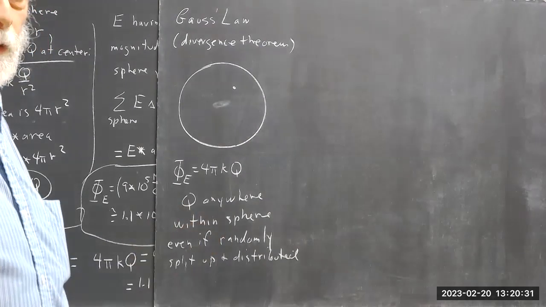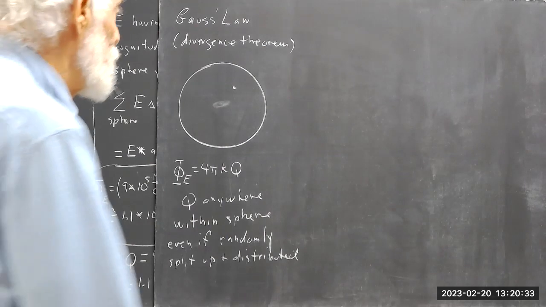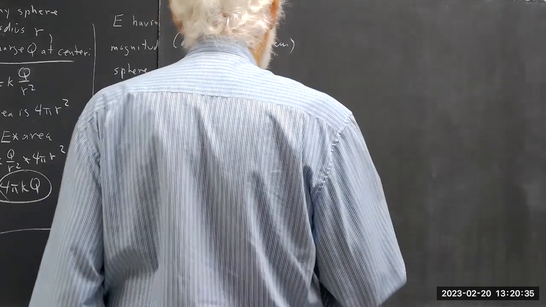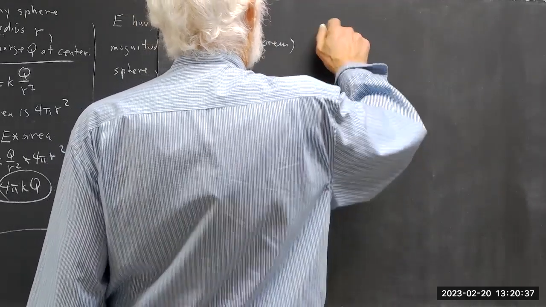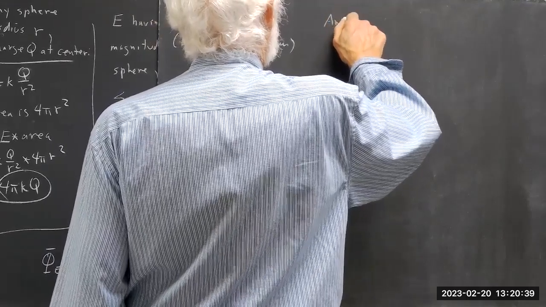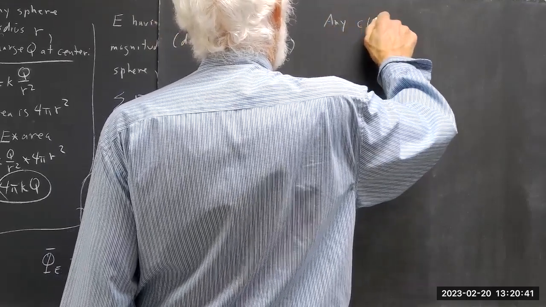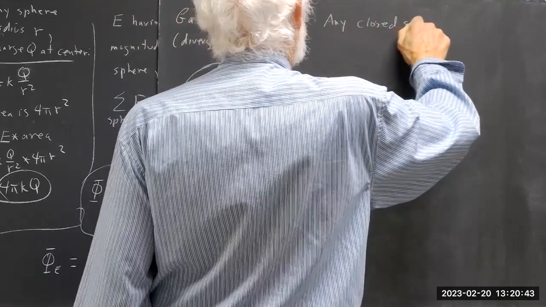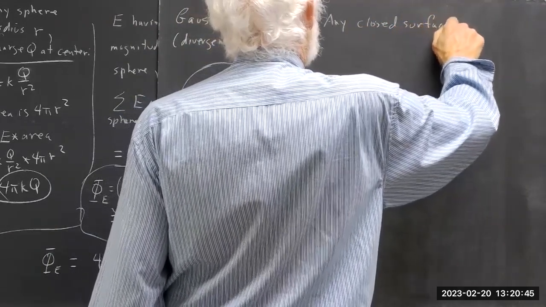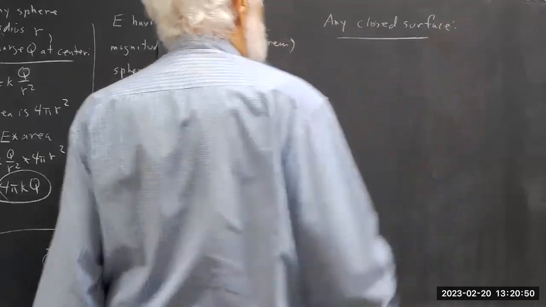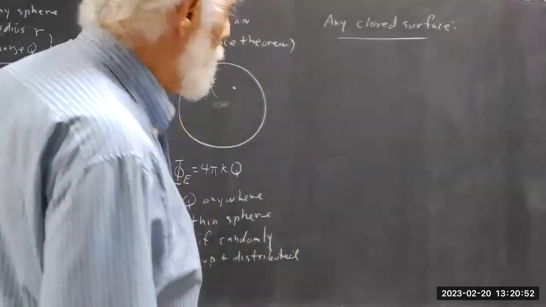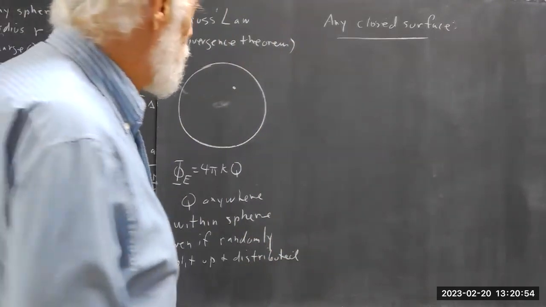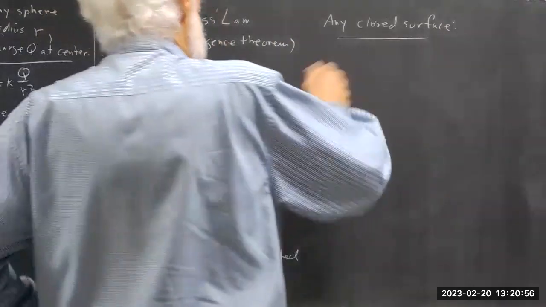Doesn't even matter if it's a sphere. So you have any closed surface. Now, I think that may be restricted to orientable surfaces, but we don't know what that is yet. We do it in multivariable calculus. Okay. Any closed surface.